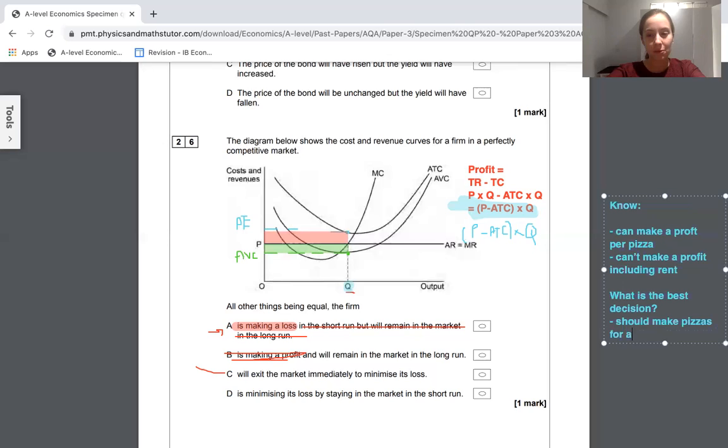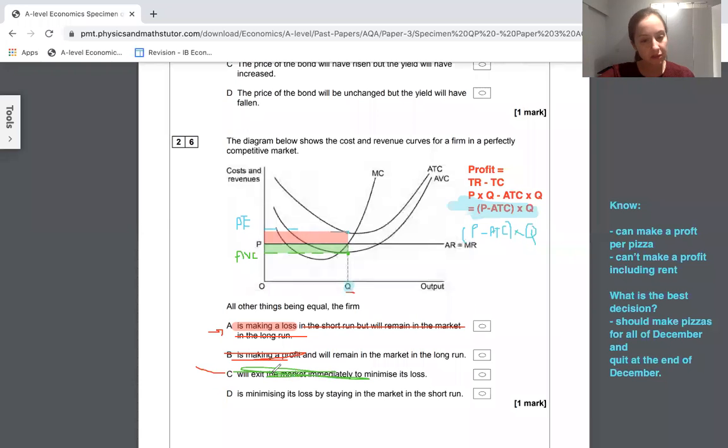It's December now, for all of December, and quit at the end of December. That way, it doesn't have to pay rent for January, and it knows that it will never be able to pay off its rent in January. But it's been able to pay off some of the rent payments in December, not all of them, but it's helped to stay in the market. So this company will not exit immediately. They will actually like to make some pizzas until the end of December. There's the answer.